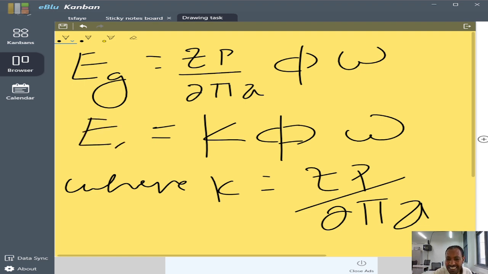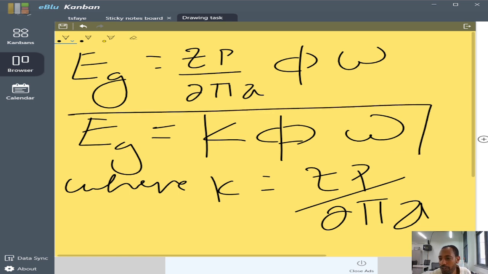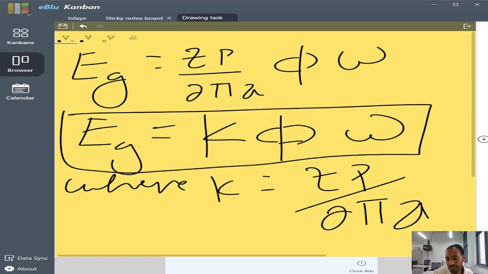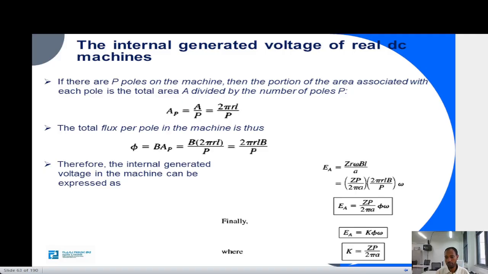This is the internally generated voltage for any DC machine, K phi omega. We usually call it EG in a generator, and EA in a motor, the back EMF. So it is going to be K phi omega.